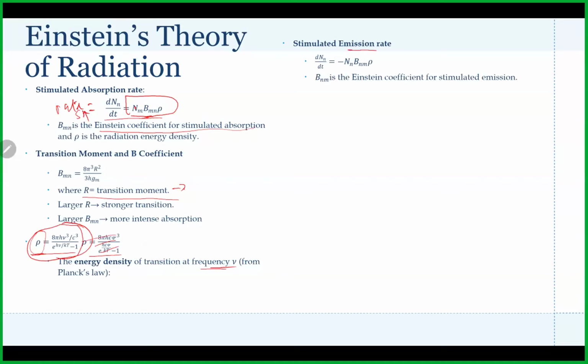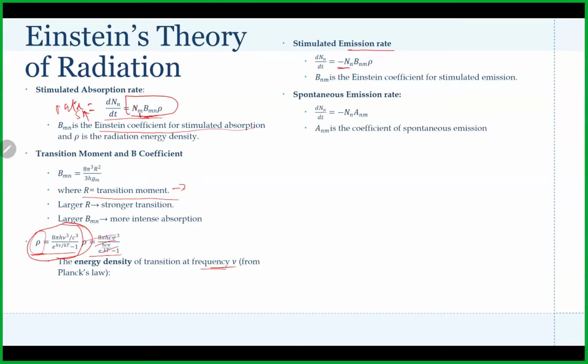So you can have stimulated emission and the rate you can see is the negative. Rate of stimulated emission is like the negative of the rate of stimulated absorption.